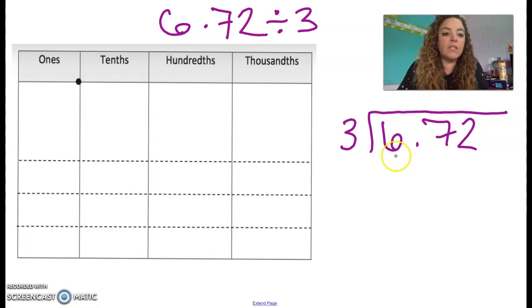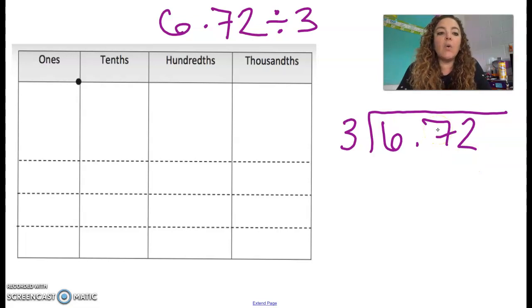The way we would read this is we would start over here with our 6 and 72 hundredths divided by 3, okay? Because we're looking to see how many times does 3 go into 6 and 72 hundredths.